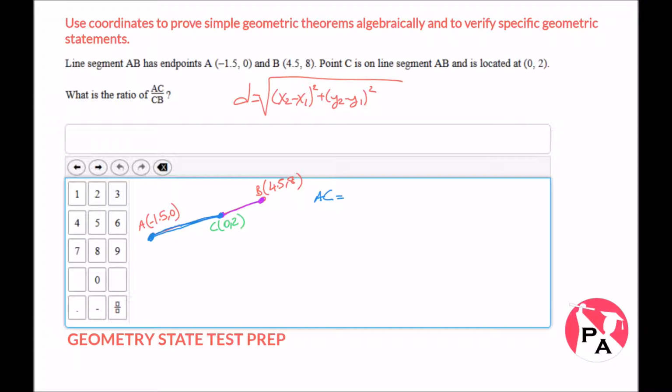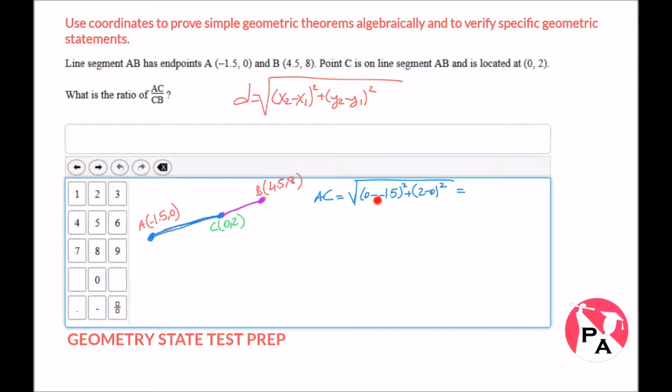So let's write the distance formula for segment AC. x2 minus x1 is 0 minus negative 1.5. We are going to square this, plus y2 minus y1, which is 2 minus 0. We are going to square this. Whatever this is, we are going to divide it by the distance of CB. So first, we are going to deal with this part.